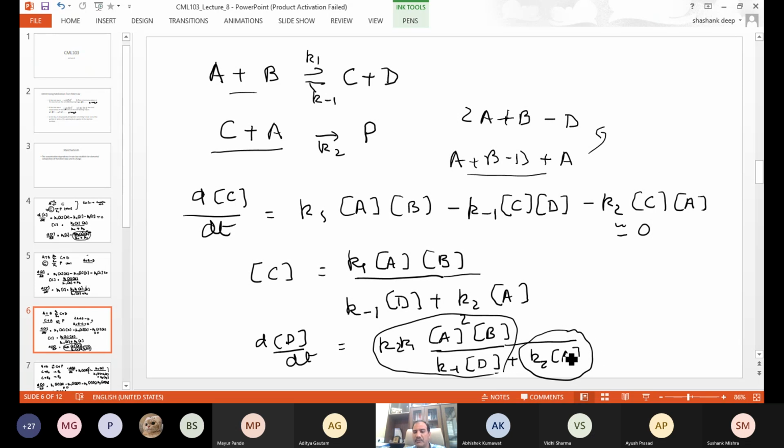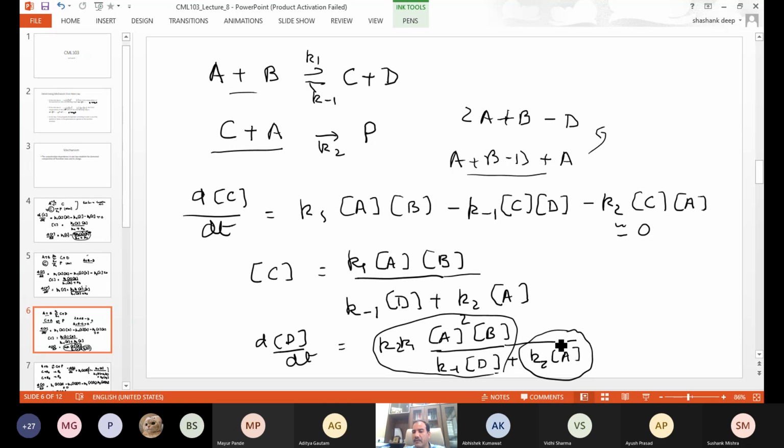And if this is there and this is the slow step, it means you will not get this term. So what will be the composition of the total reactant? There should be 2A, 1B and 1D, minus 1D. And that's what you are getting as the composition. Only when this is the rate determining step do I get the composition.